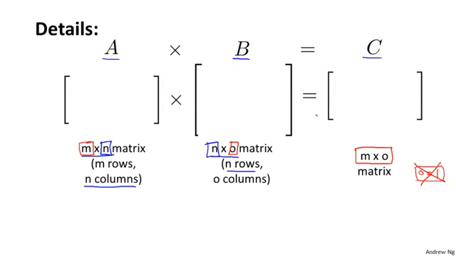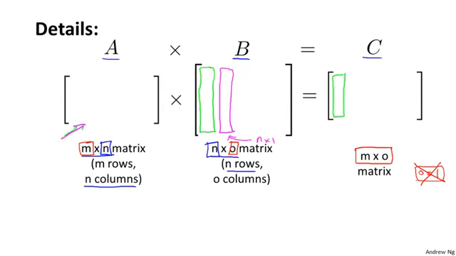So here's how you multiply together the two matrices. What I'm going to do is take the first column of B and treat that as a vector, and multiply the matrix A with the first column of B. The result of that will be an m by 1 vector, and I'm going to put that over here. Then I'm going to take the second column of B, which is another n by 1 vector, an n-dimensional vector.